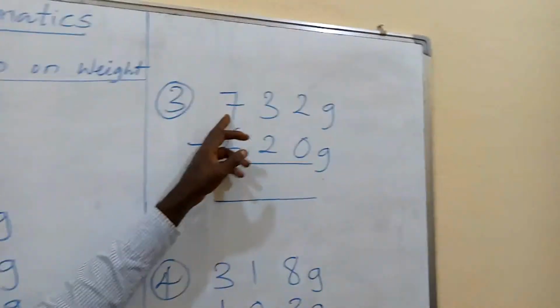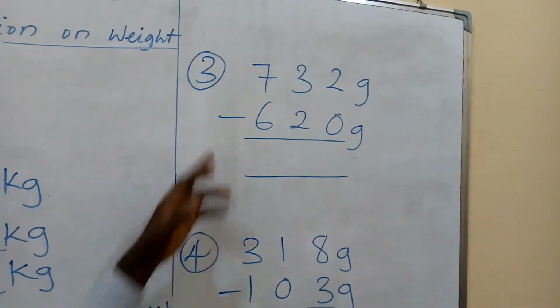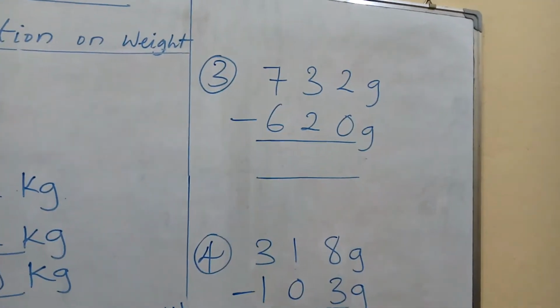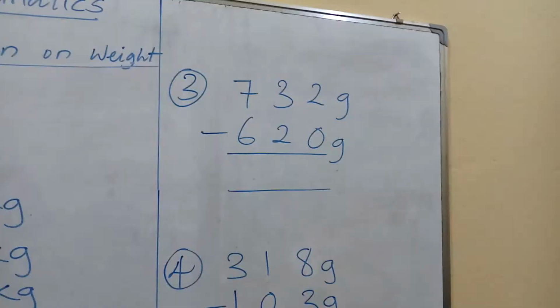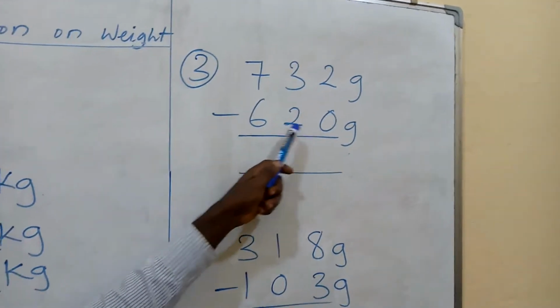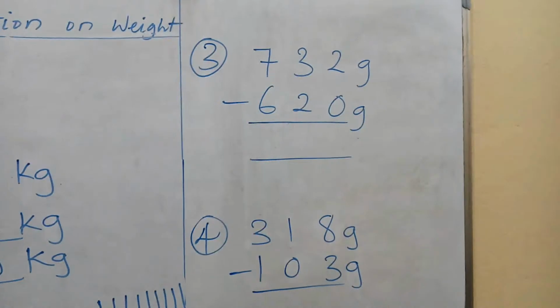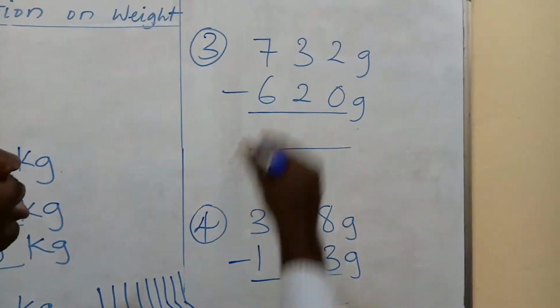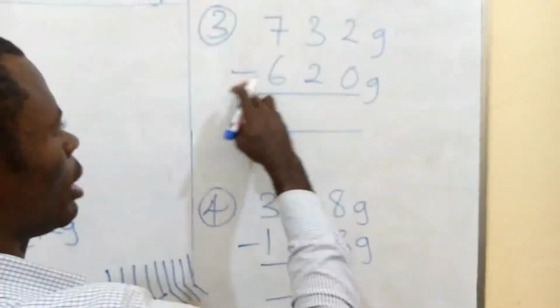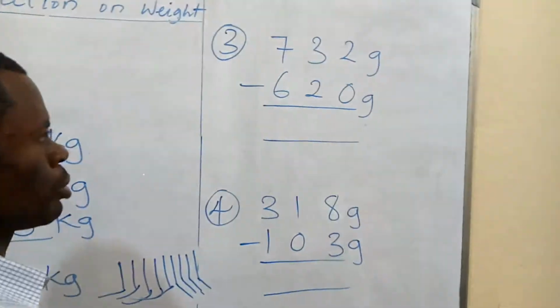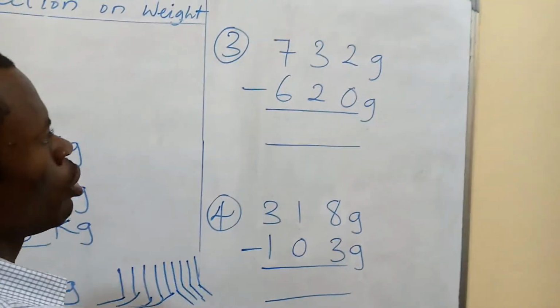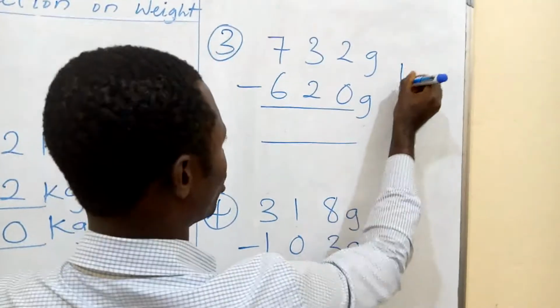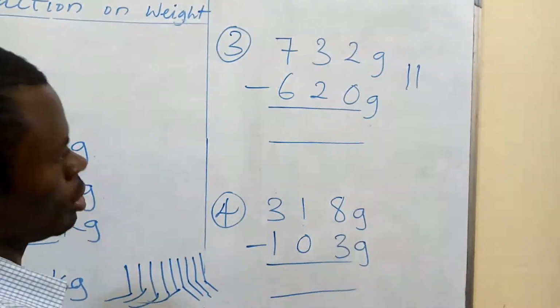In example 3, we have 732 grams minus 620 grams. Starting from our unit column, we have there 2 minus 0. 2 take away 0. So we are going to count 2, 1, 2, and then take away nothing.